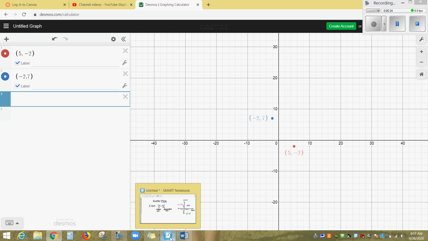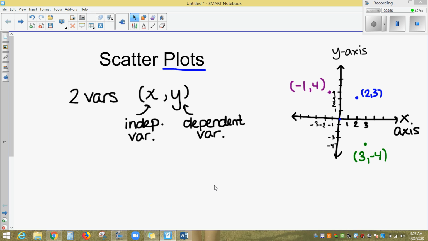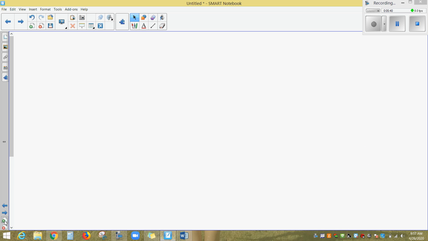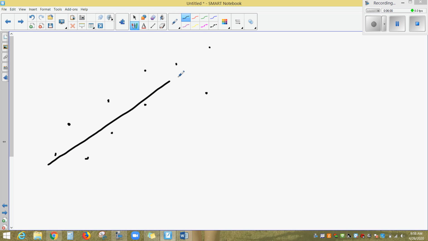All right. If we are looking at points on a graph and we're looking at our scatter plot of values, if our dots kind of increase as we move from left to right, and they look like they increase kind of in a straight line. And when we say straight line, notice that none of these are on a perfectly straight line for us.